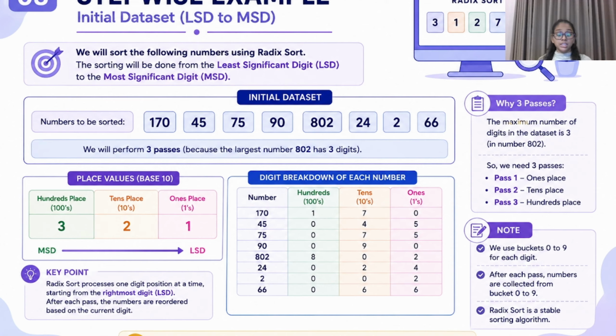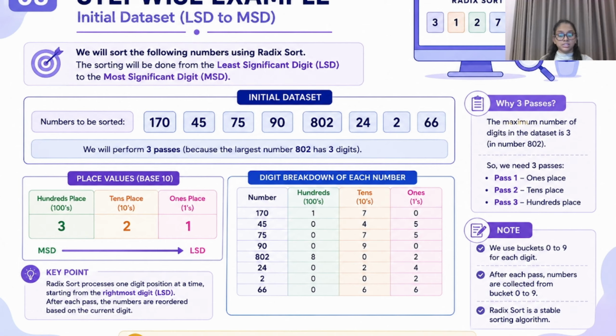Before we start putting anything into buckets, first we need to figure out how many passes we are going to need. To do that, we look at the number with the greatest number of digits. In our dataset, that number is 802. It has 3 digits. Therefore, we'll need to process 3 digit positions: ones, tens, and hundreds. That gives us 3 passes.